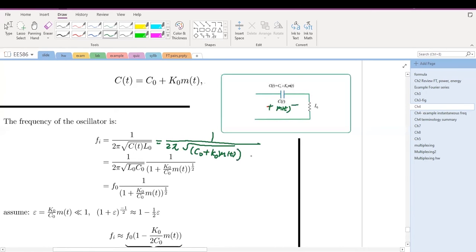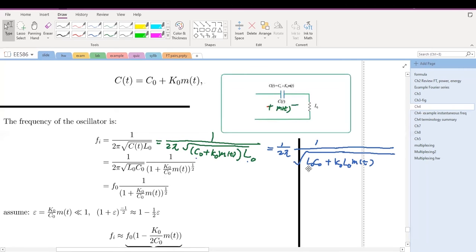I plug L0 into the bracket, so I have the square root of L0 C0 plus K0 L0 m(t). Now I take the square root of L0 C0 out. Inside the square root, I have 1 plus K0 divided by C0 times m(t).